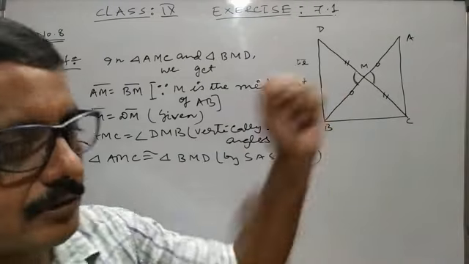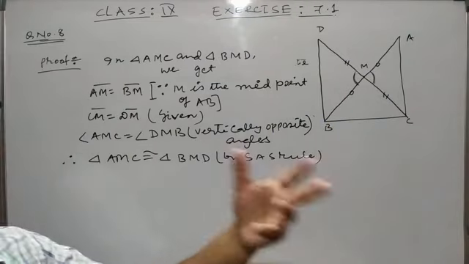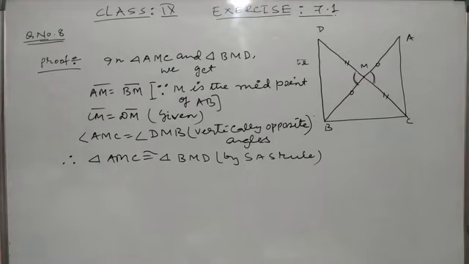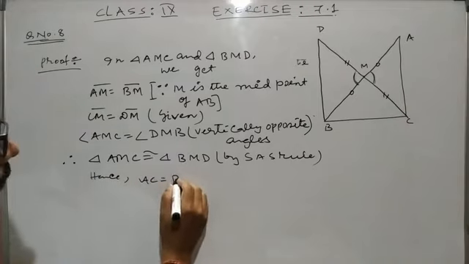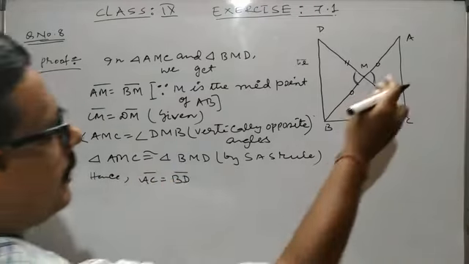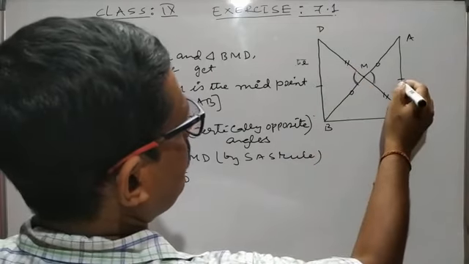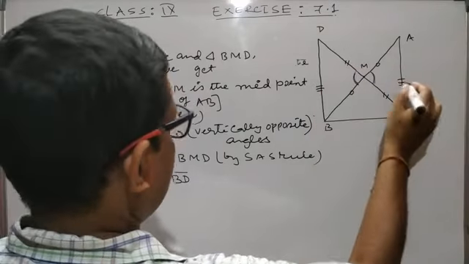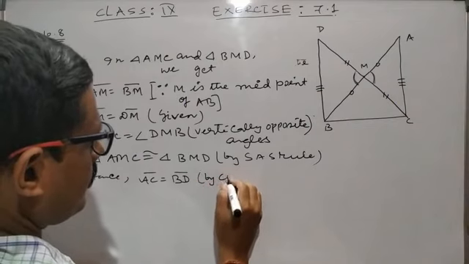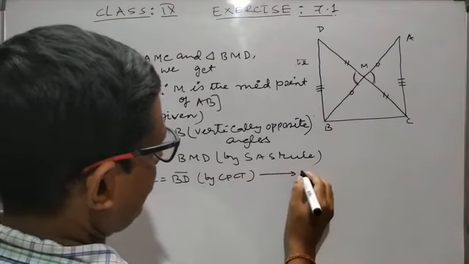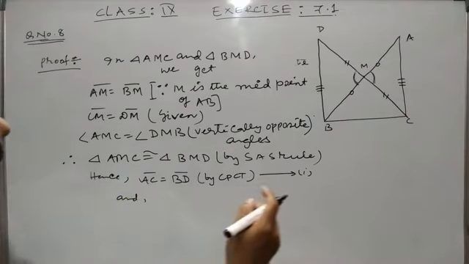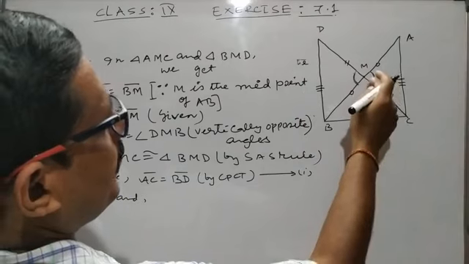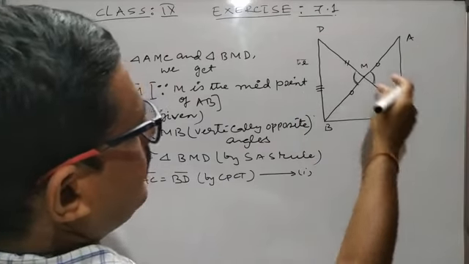Since the two triangles are congruent, therefore all the remaining corresponding parts are equal. So remaining corresponding parts means we can say hence AC equal to BD. AC equal to BD by CPCT, number one. And angle BDM equal to angle ACM.